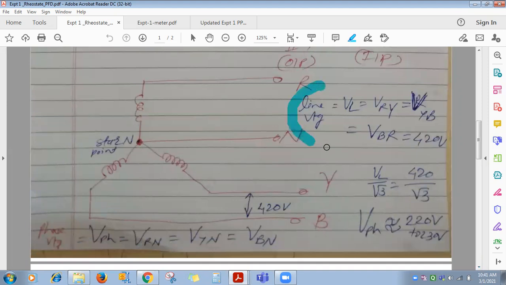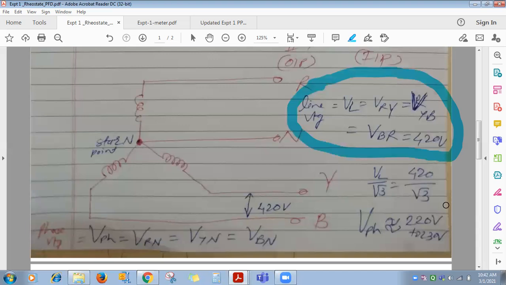Across R and Y, Y and B, B and R. Got it? RY, YB and BR. Out of these three, across every two, if you measure voltage, how much will it be?